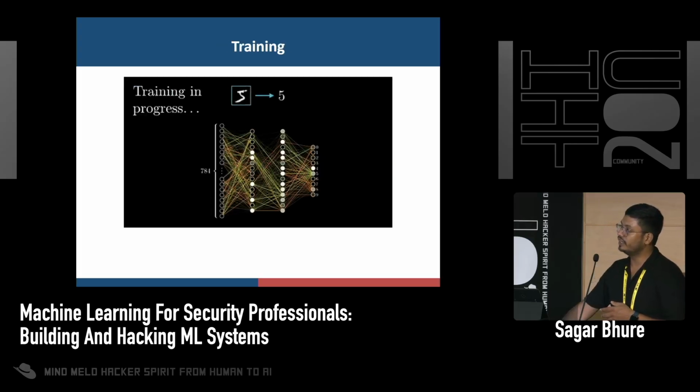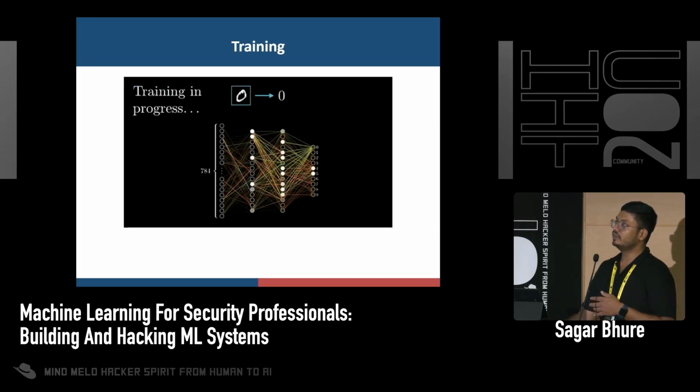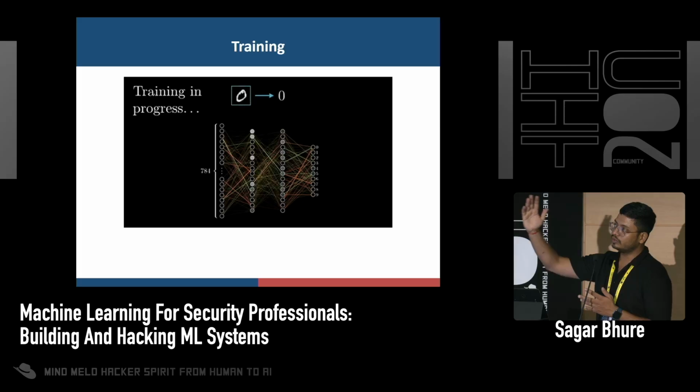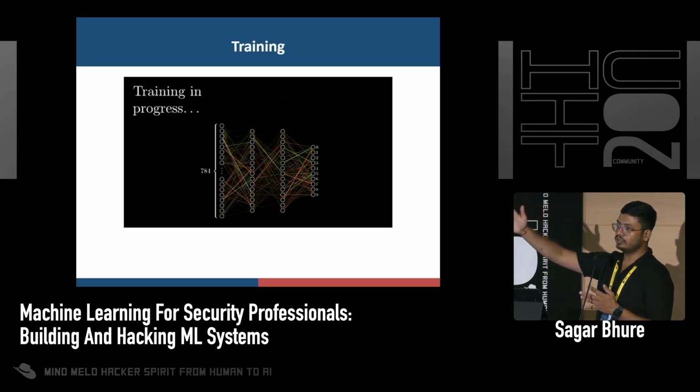This is how the training phase happens. You have all the digits from 0 to 9. You just pass the data on the left side, and then you backpropagate to the nodes. The circles here are called nodes, and the lines you see are called edges.